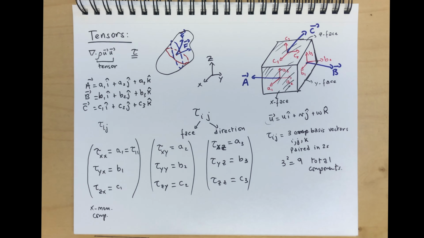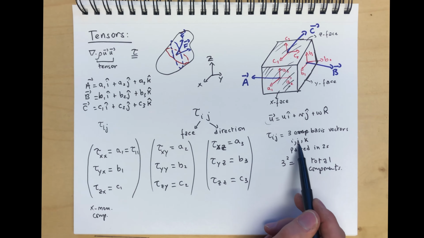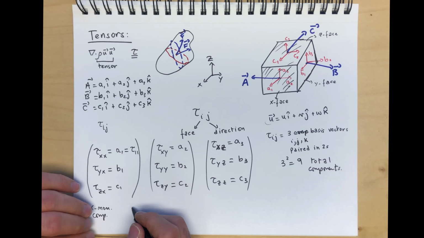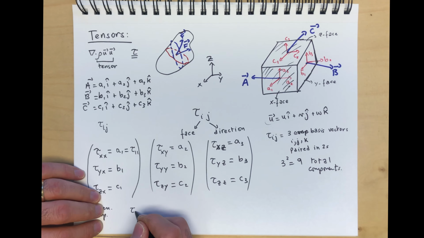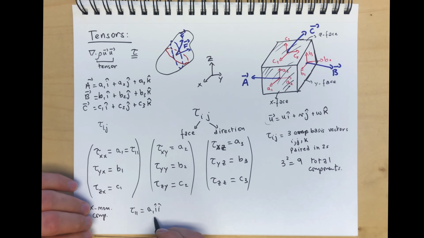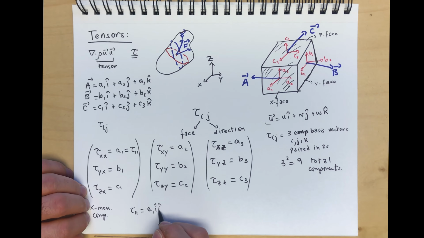Another way to think of this is that you can write this entire tensor using the pairs ij by just stacking them next to each other. So for example, tau 1, 1, which is tau xx, that's equal to a1 ii. So that's on an i face in the i direction, okay?